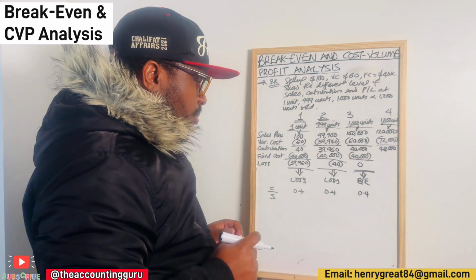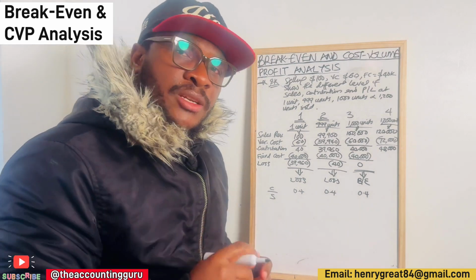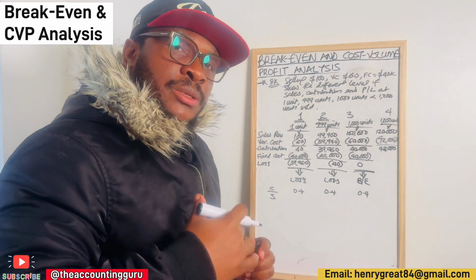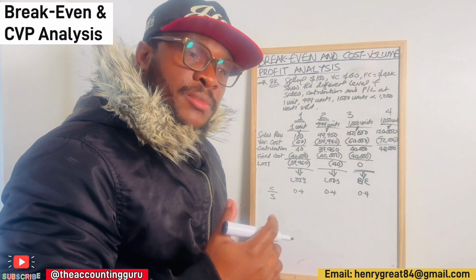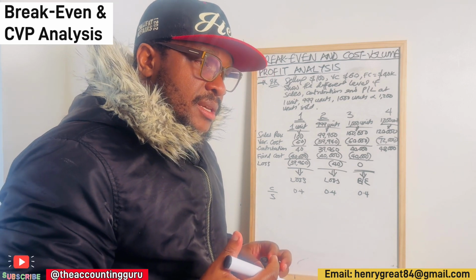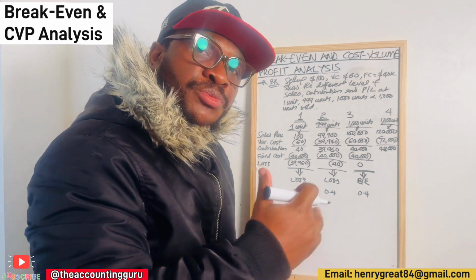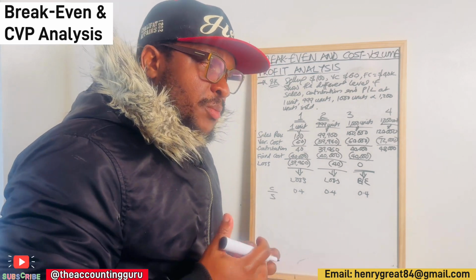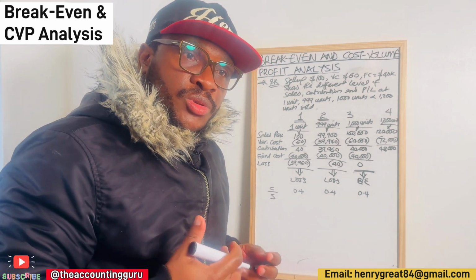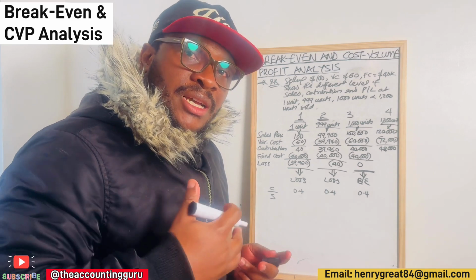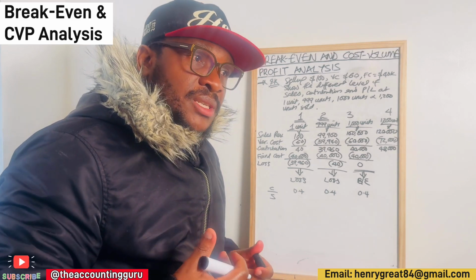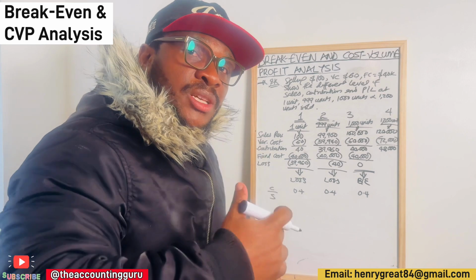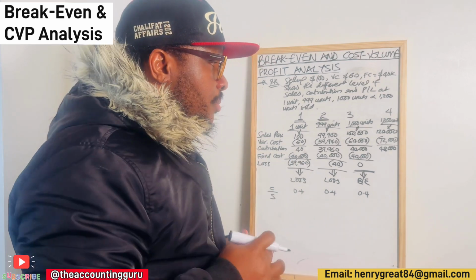Perfect. Please do not forget what I said also, that contribution to sales ratio or CMR is the expression of contribution as a percentage of sales, which means that CMR is used in ascertaining what total contribution is. Perfect.